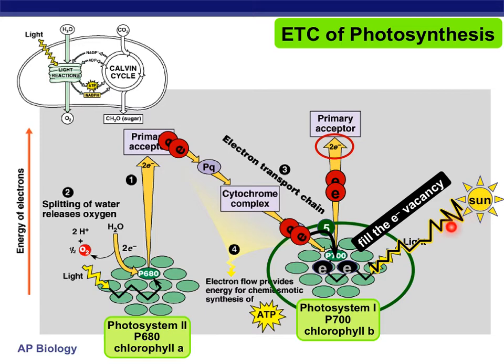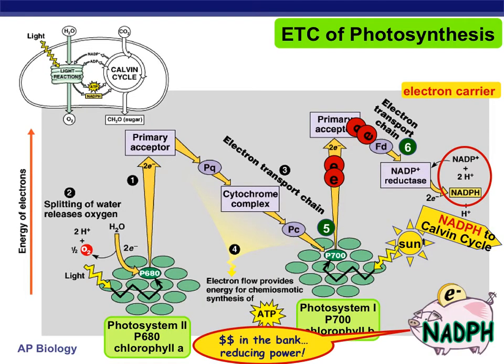So this second shot of light energy is going to excite the electron back up to that high energy state, and the second electron transport chain is going to drive the reduction of NADP into NADPH, which is going to be an electron carrier. So the light comes in at two points, and we're going to produce both ATP and NADPH. Remember that NADPH is like money in the bank. We're going to have that reducing power that will come back again, much like in cell respiration.